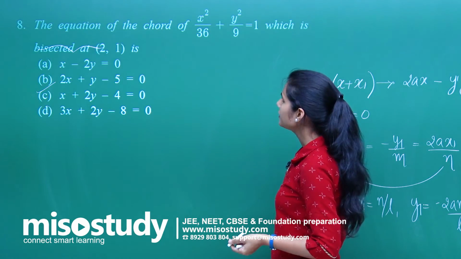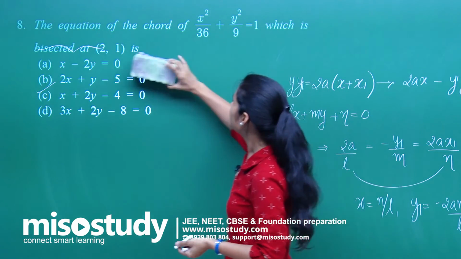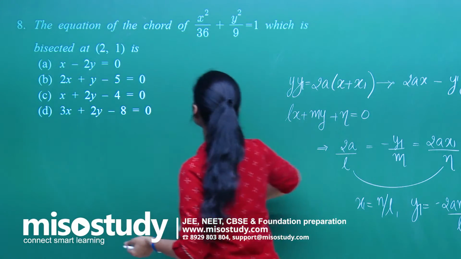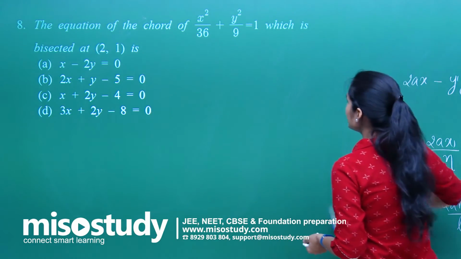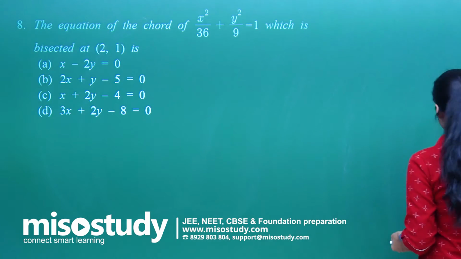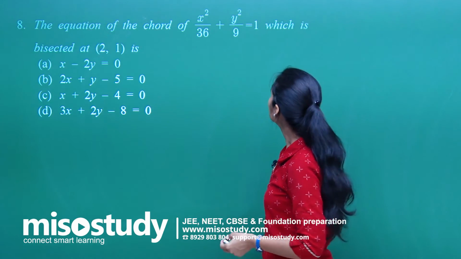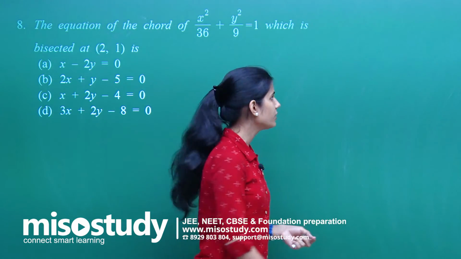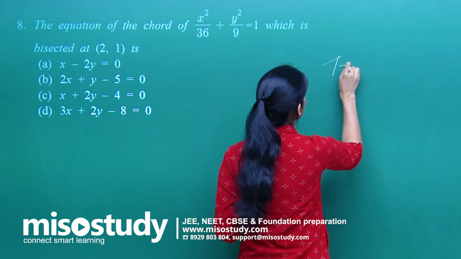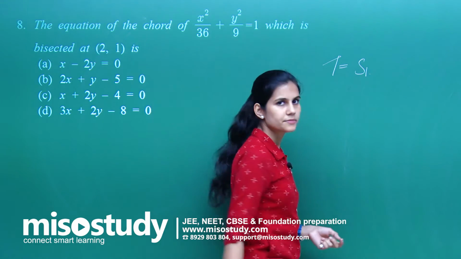Next question: the equation of the chord of this ellipse bisected at 2 comma 1. Now this is very direct. The ellipse is given to you, and the equation of the chord bisected at a certain point is T equals S1, right?